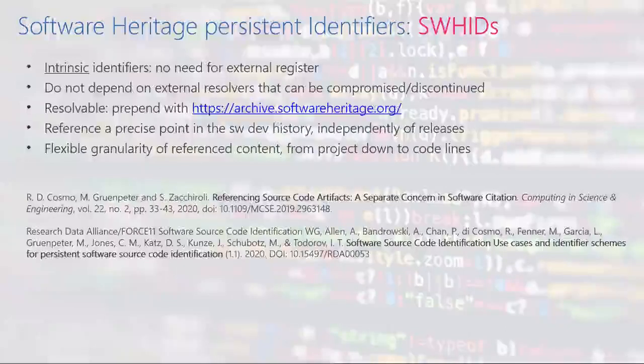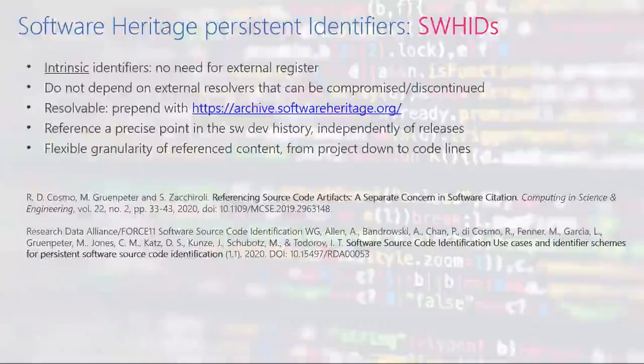So typically, you should not cite a URL with archive.softwareheritage.org and the SWHID, because this links you to a specific resolver. The only thing you need to cite is the SWHID. That's it. Another good property of the SWHIDs is that they're able to reference a precise point in the history of the software development of your repository.